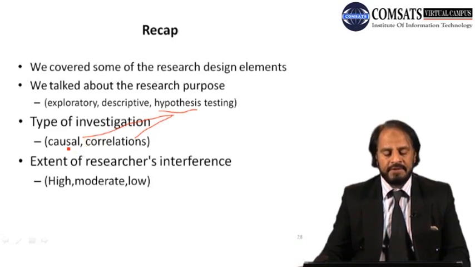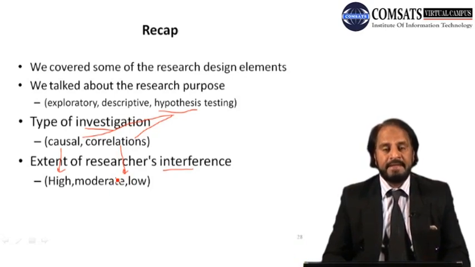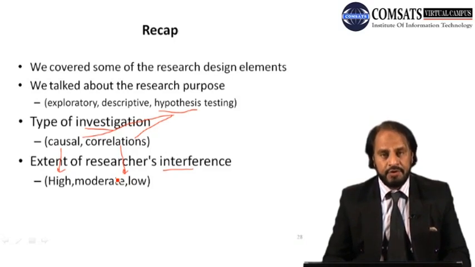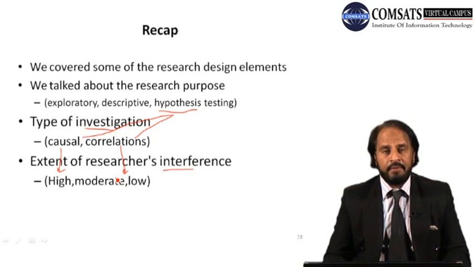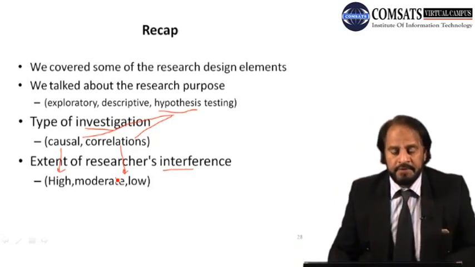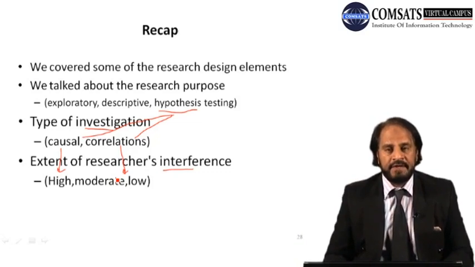And if the type of investigation is causal, then you will have a high level of researcher's interference, whereas in correlational studies it's going to be between a moderate and a low level of interference, meaning that the choices you make in terms of the purpose of study, the type of investigation, and the extent of researcher's interference will be linked with each other, and one needs to decide what is the purpose of the research and what is the type of investigation you're following.